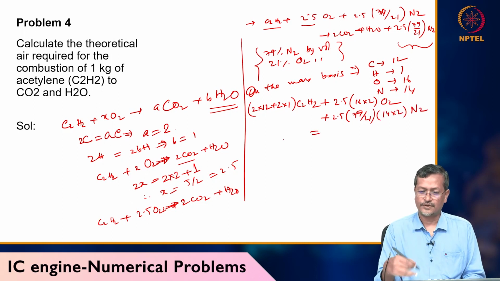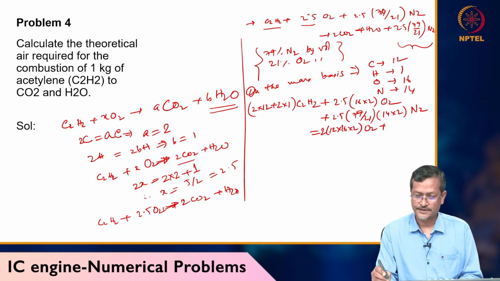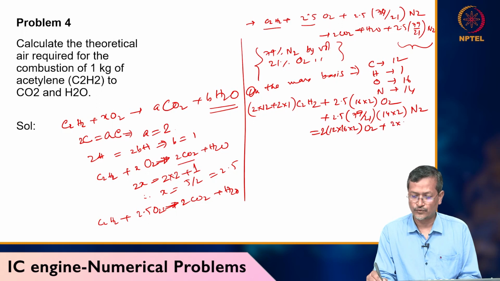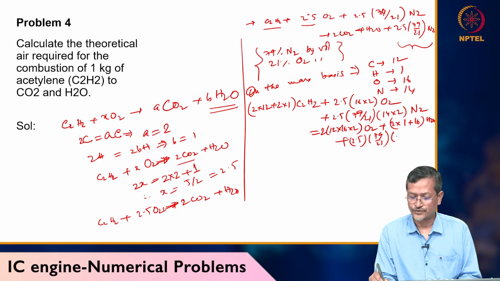So the right side will also have the same balance: 2 into 12 plus oxygen 16 into 2, plus water 2 into 1 plus 16, H2O, plus 2.5 times 79 by 21 into nitrogen 28.